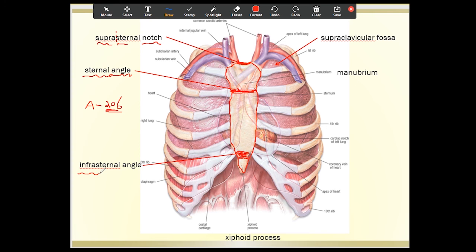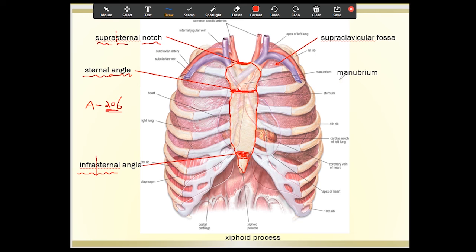That's the upper one, and then the lower one. Supra means above, and infra means lower. So we have two angles here on the superficial sternal bone. If you touch it, you can feel it, at least the upper one.